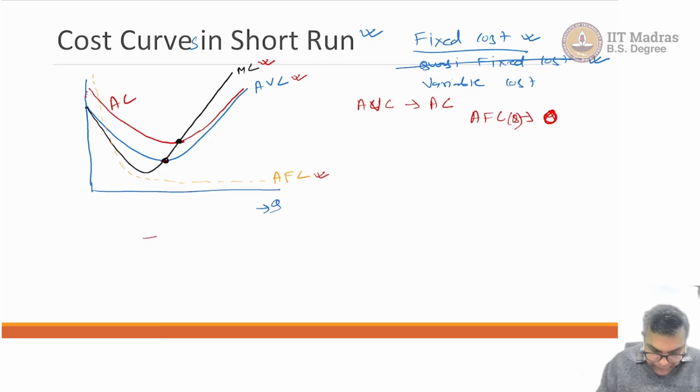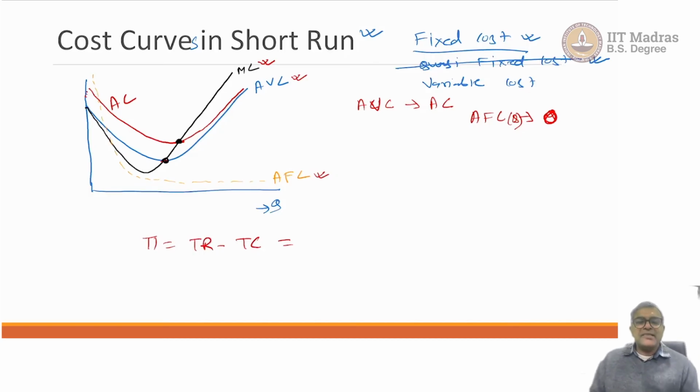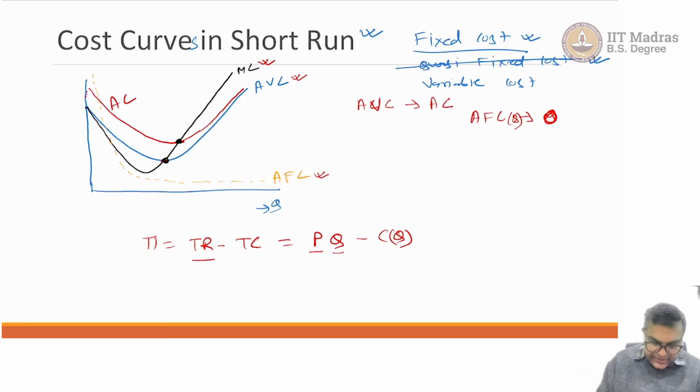Your profit is total revenue minus total cost, and if a firm is a price taker, it means the firm is not able to control the price of output. Whatever price is in the market, it has to take it, and let us say that the market price is P. How many units should it sell? Maximize PQ minus C of Q, and that is the maximization it has to do.